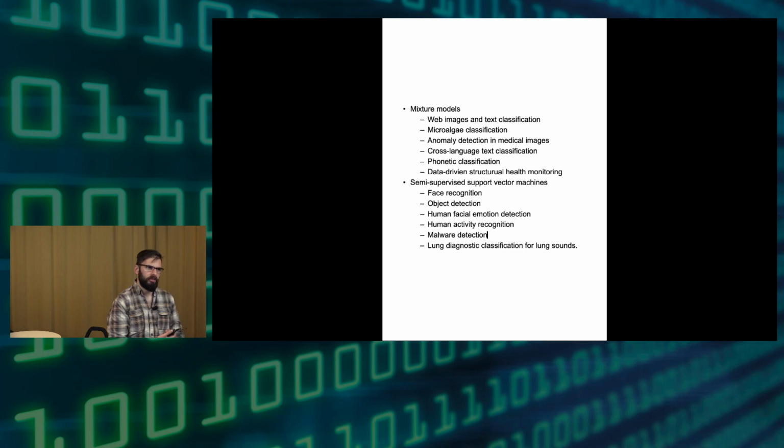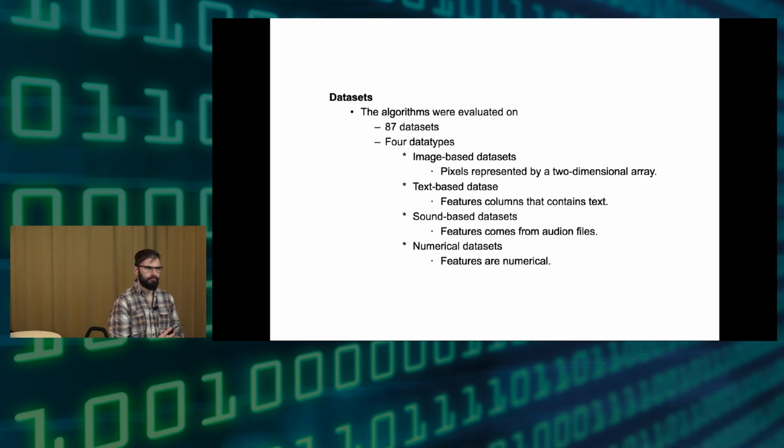And same here with mixture models, also images, text, and some other cool stuff: microalgae classification, anomaly detection, cross-language text classification, phonetic classification, data-driven structural health modeling. And then we have the semi-supervised support vector machines, with a lot of cool things like face recognition, object detection, activity recognition, malware detection, lung diagnostics, and stuff like that.